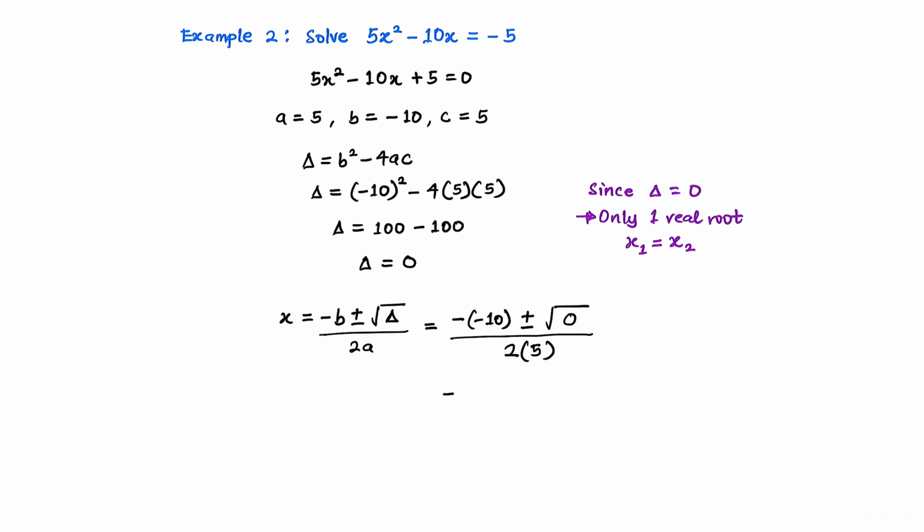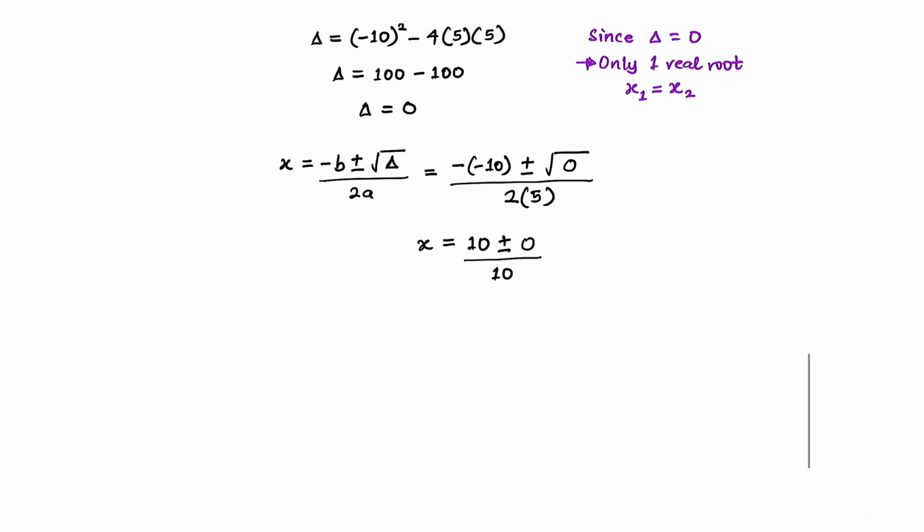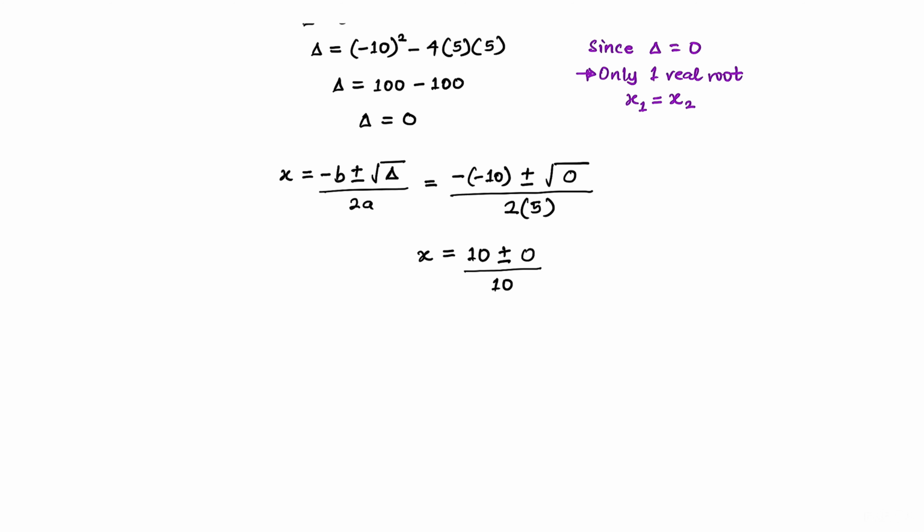That means x equals negative 10 is positive 10 plus or minus square root of 0 is 0 divided by 2 times 5 is 10. So separating the positive and negative operation, x1 will be equal to 10 plus 0 divided by 10, and x2 will be equal to 10 minus 0 divided by 10.